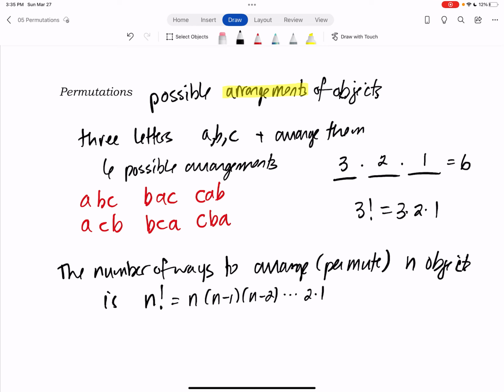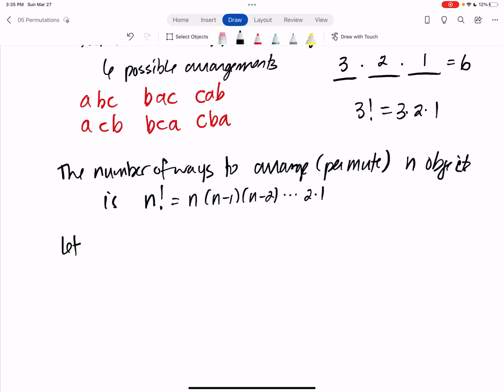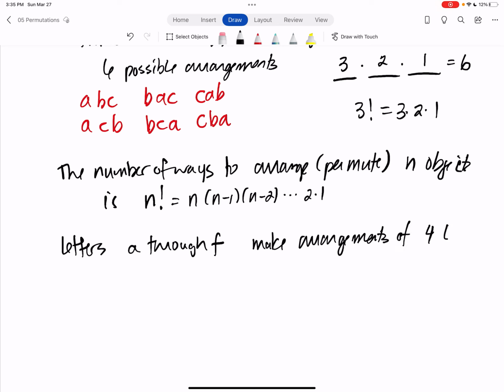Now, what I want you to think about is what happens if you don't need to use all the letters. Like, what if you have the letters A through F, and you're going to make arrangements of 4 letters.